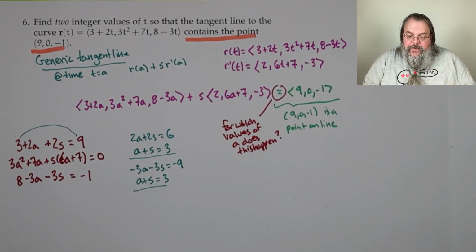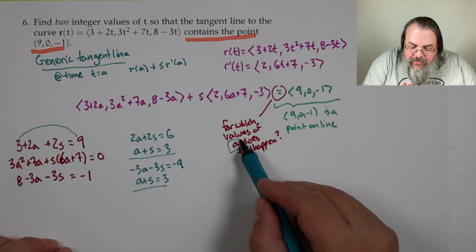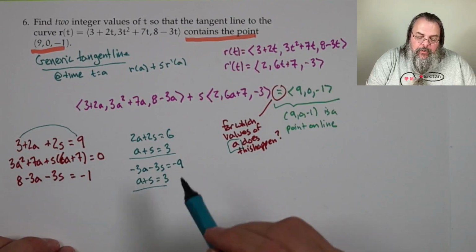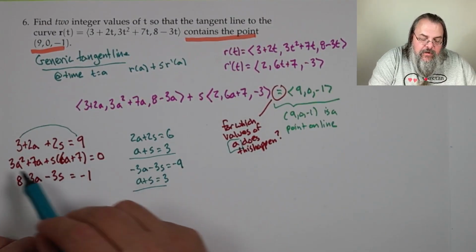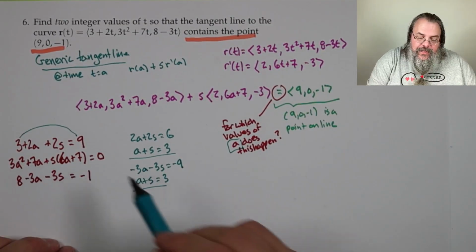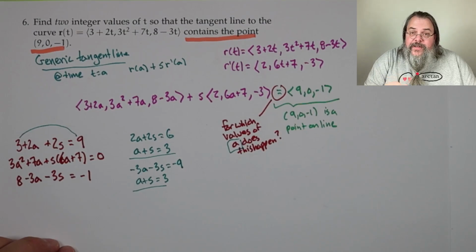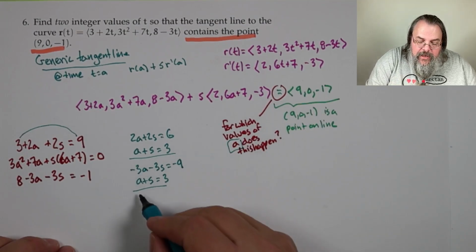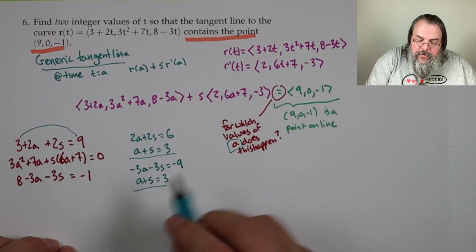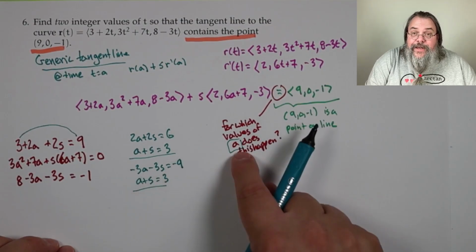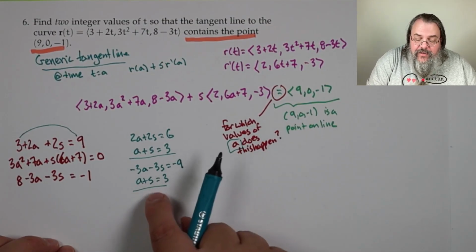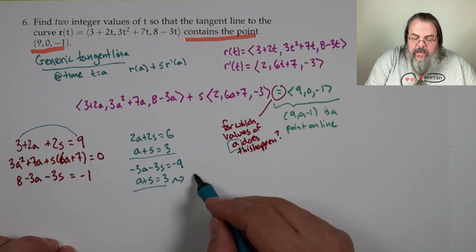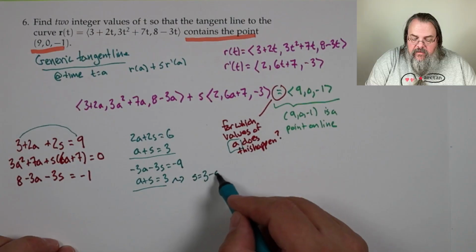Now, what are we after? We're after which values of a does this happen. We have one more equation. So what we can do is get this down to a single variable. And which variable do we want it to be in terms of? We want it to be in terms of a. So let's replace s in terms of a. If a plus s is 3, then we can write s is 3 minus a.